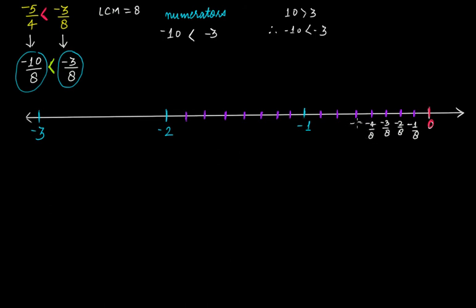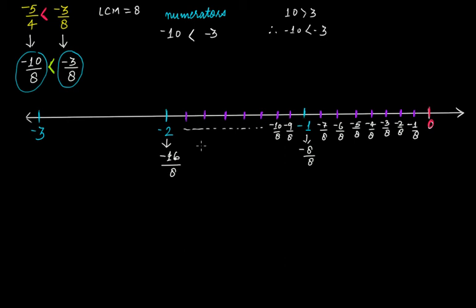This becomes minus 5 over 8. Minus 6 over 8. Minus 7 over 8. And this minus 1 comes as minus 8 over 8. This is minus 9 over 8. And this is minus 10 over 8. And you just go on. So when you reach here, this becomes minus 16 over 8.